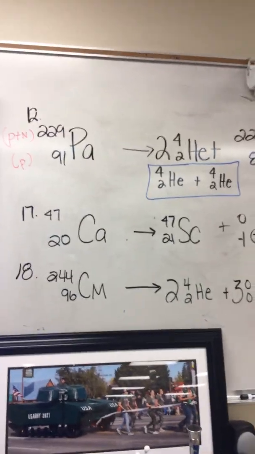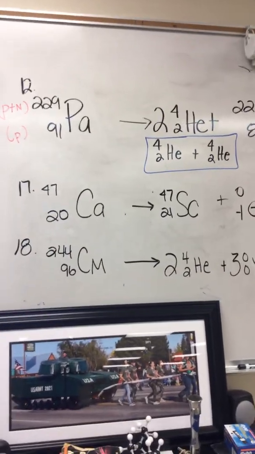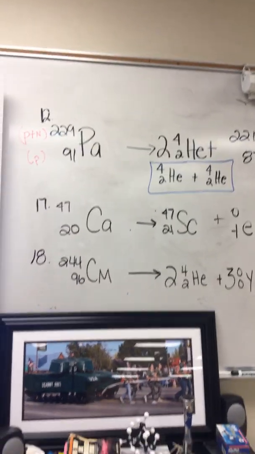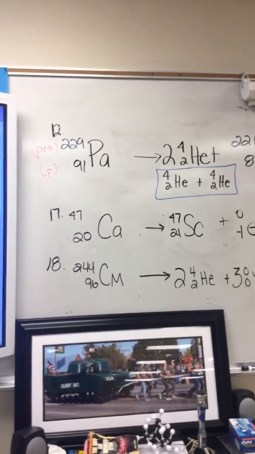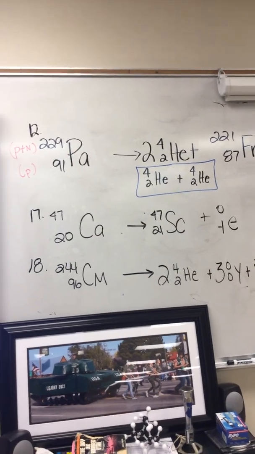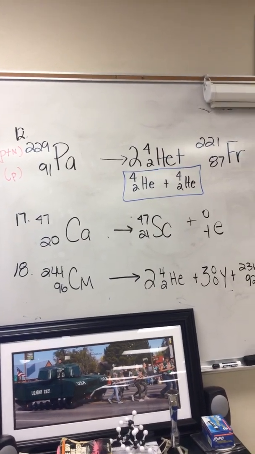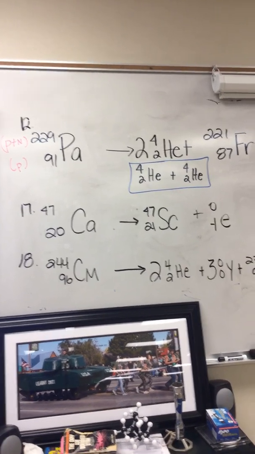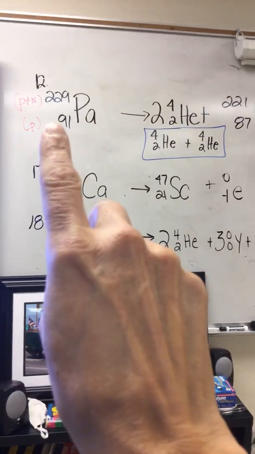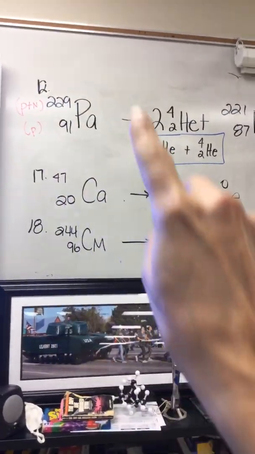Okay, number 12 says, when protactinium 229 goes through 2 alpha decays, francium 221 is formed. So we just have to read the word equations really carefully.